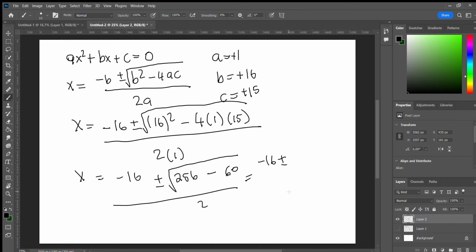Plus or minus 2. That's 196. Interesting. The root of 196. What is that? Oh my god, the math is running away.